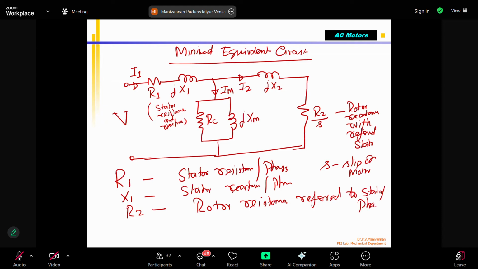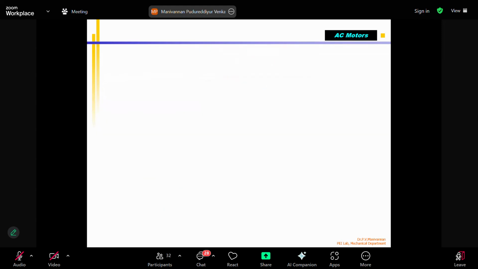We are talking per phase. X2 is called the rotor reactance referred to the stator per phase. Okay, so this is the final concept. From this we can always aggregate. This is my input. Now we understand the equivalent circuit of all these things.